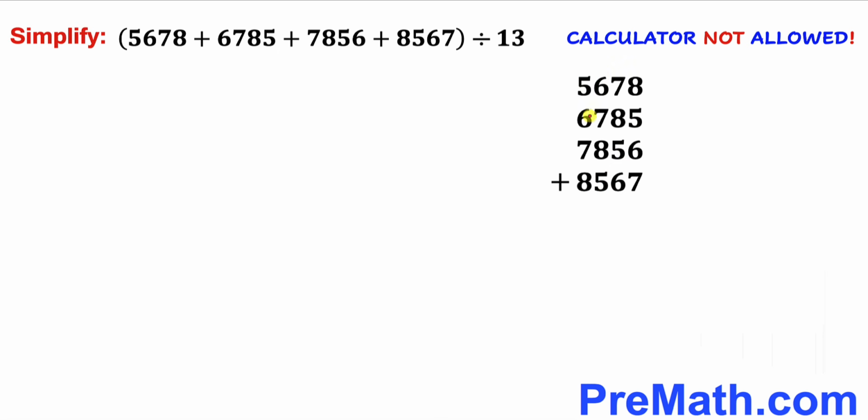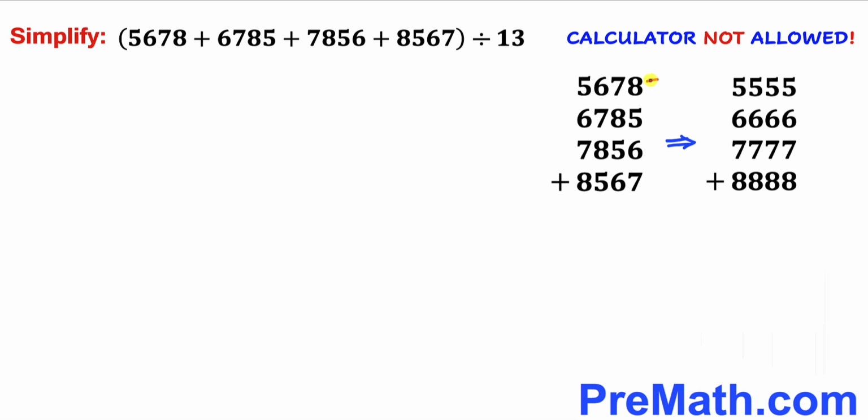Likewise for number 6, then 7, 7, 7, and then 7 at the ones place. And finally we can see 8, 8, 8, and 8.